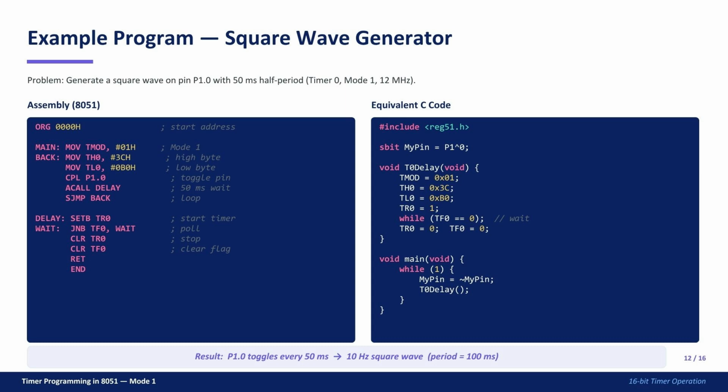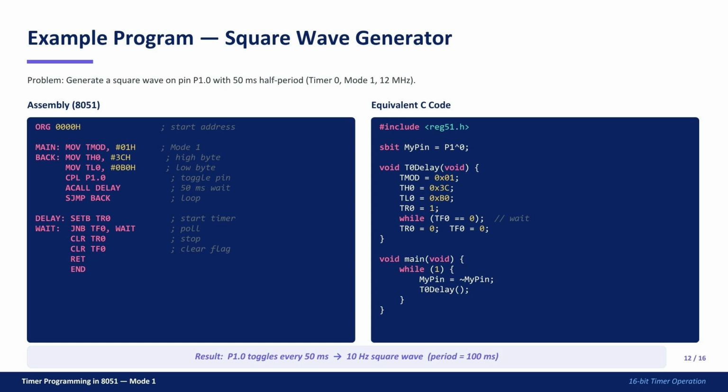Now we are starting the timer using SETB TR0. Then we are using a loop. Here the JNB TF0, WAIT means jump if not bit.